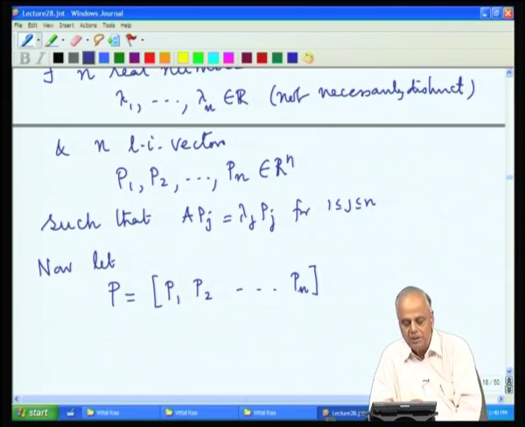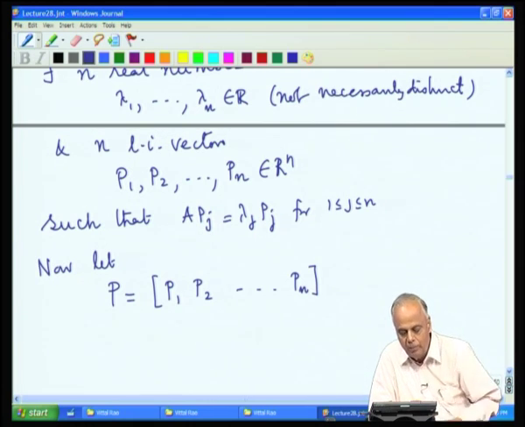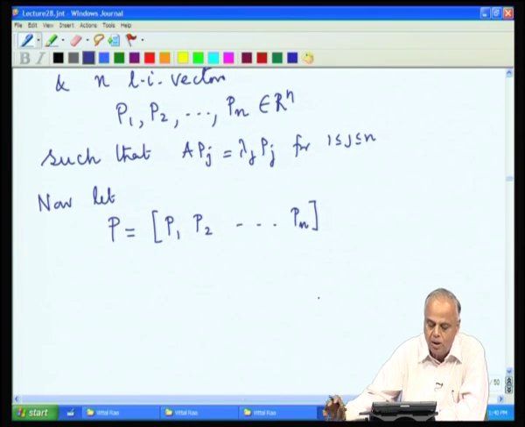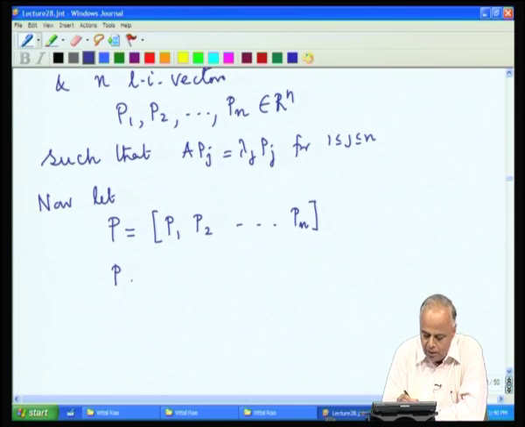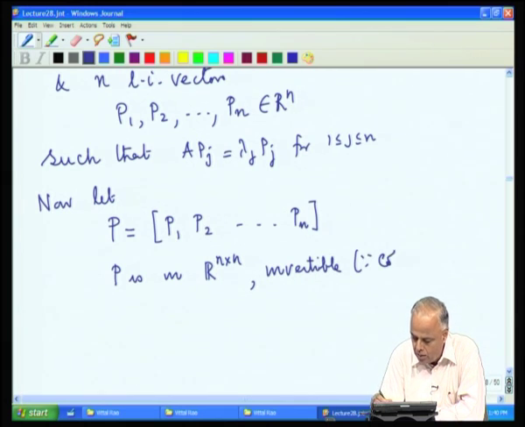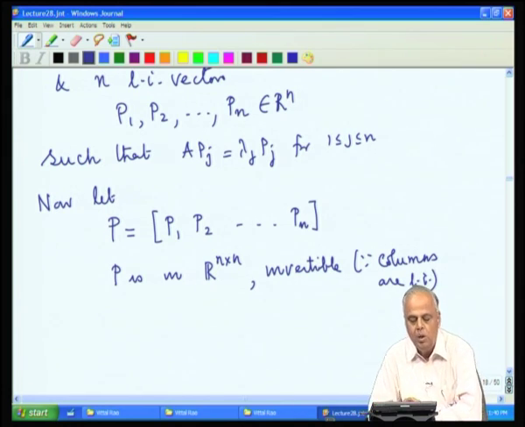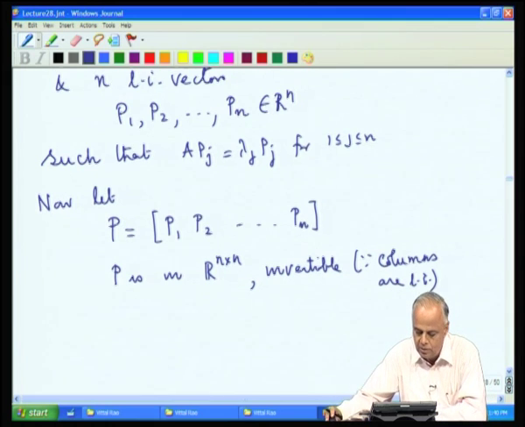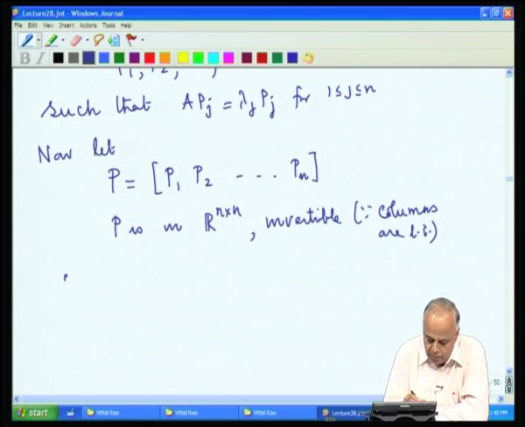So, now we construct this matrix P. Once we know that these n vectors are there, we are given there exist these n linearly independent vectors, we construct this matrix P, and since these are all linearly independent, P in R n by n is invertible because the columns are linearly independent. So, we have an invertible matrix. Then what is AP?